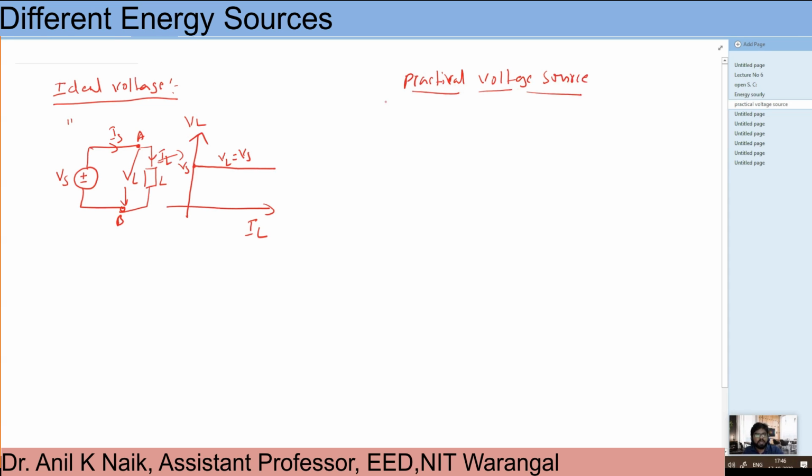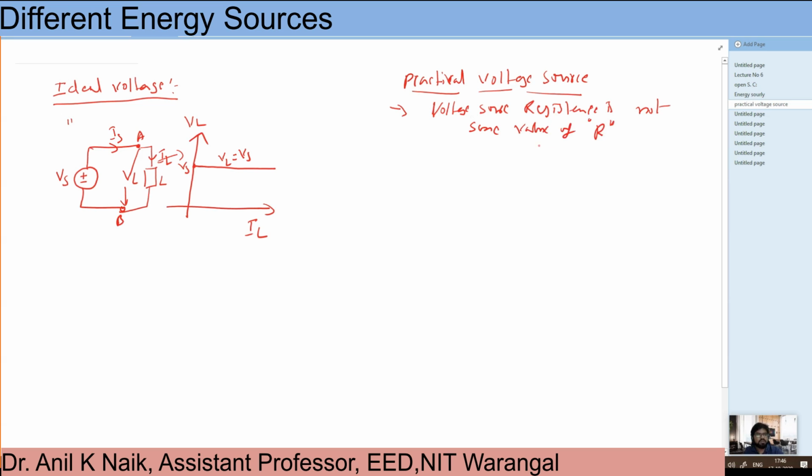In the case of a practical voltage source, the resistance of the voltage source is not zero. It has some resistance, some value. The resistance of this particular source has some value R.